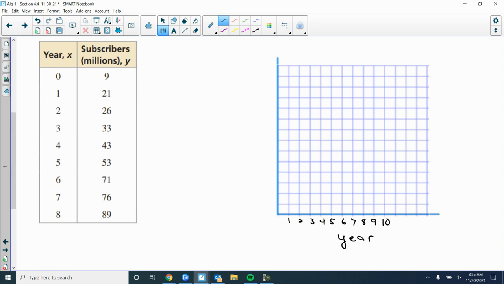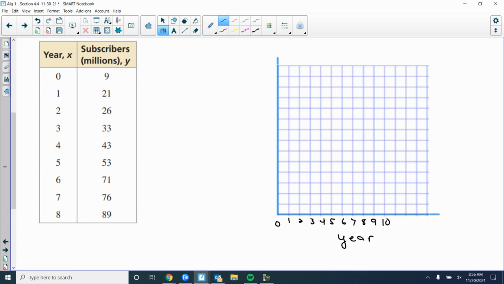Now here's where you really have to make sure your scales are appropriate and correct. We go from 9 million to 89 million. I want to make it as wide as I can, but not miss anything. So we got 0 here. And whatever I make this first line, I got to go up by that increment.